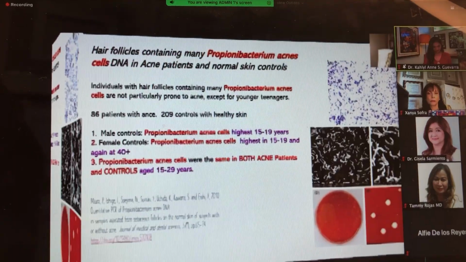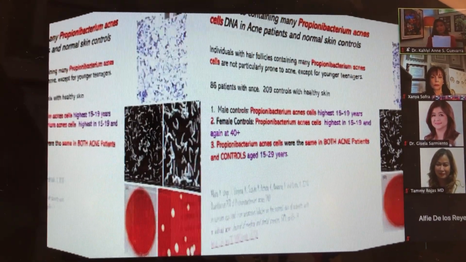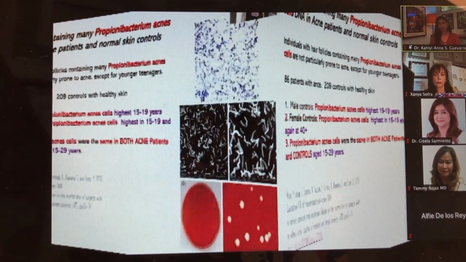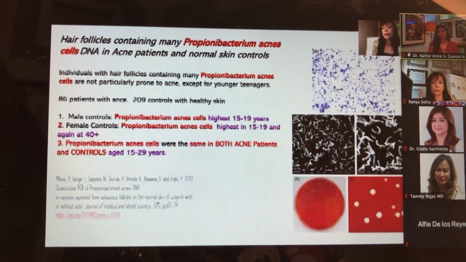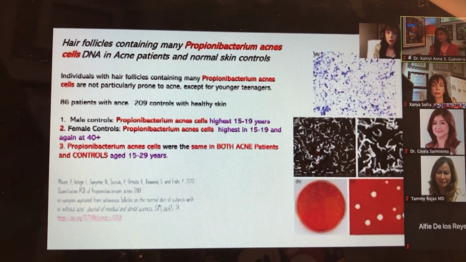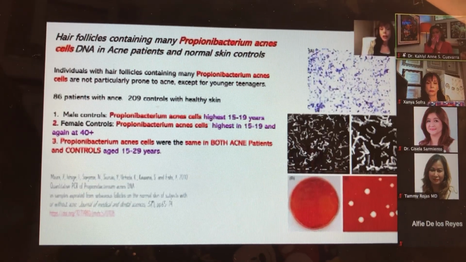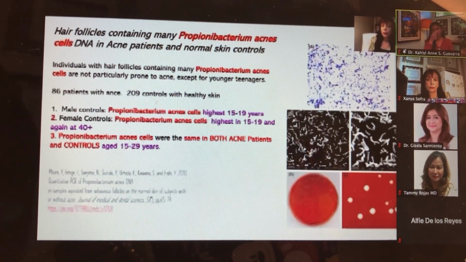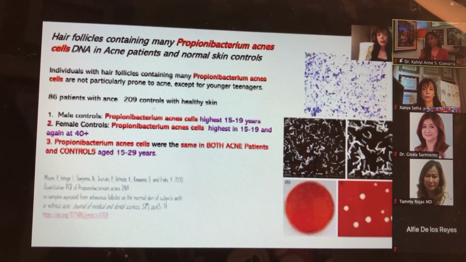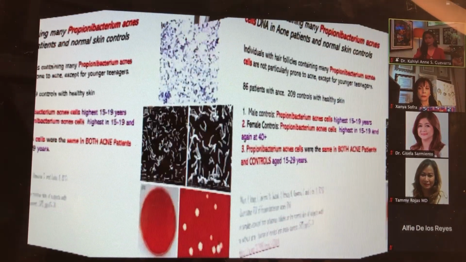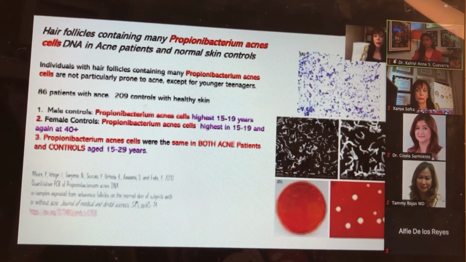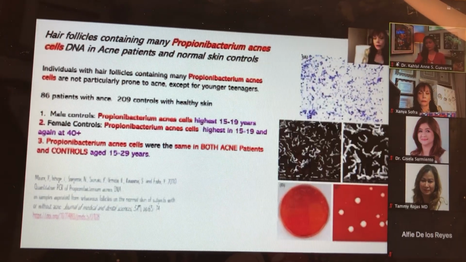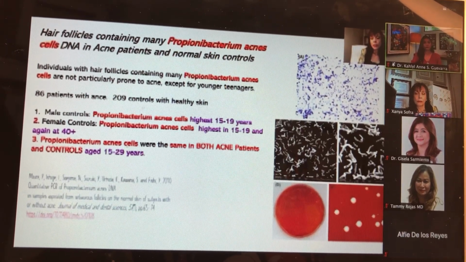They found that the male controls with Propionibacterium acnes cells were highest at 15 to 19 years, whereas for female controls the highest was both in 15 to 19 and again in 40 plus. The Propionibacterium acnes cells were the same in both acne patients and controls aged 15 to 29 years.